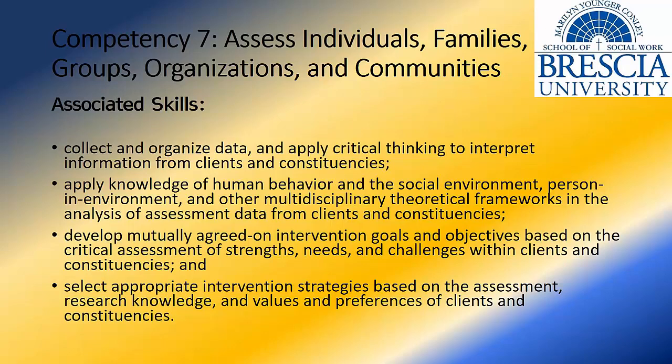The associated skills include collecting and organizing data and applying critical thinking to interpret information from clients and constituencies, applying knowledge of human behavior and the social environment, person and environment, and other multidisciplinary theoretical frameworks in the analysis of assessment data from clients and constituencies, developing mutually agreed on intervention goals and objectives based on the critical assessment of strengths, needs, and challenges within clients and constituencies, and selecting appropriate intervention strategies based on the assessment, research knowledge, and values and preferences of clients and constituencies.